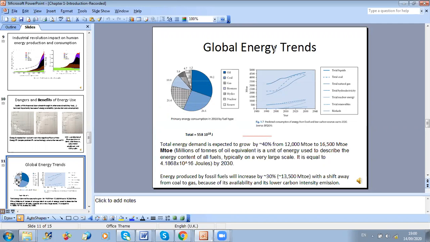Okay, so we are expecting an increase of 40% of energy from 12,000 million tons of oil equivalent to 16,500 MTOE by 2030. So energy produced by fossil fuels will increase by 30%, with a shift away from coal to gas because of its availability and its lower carbon intensity emission.